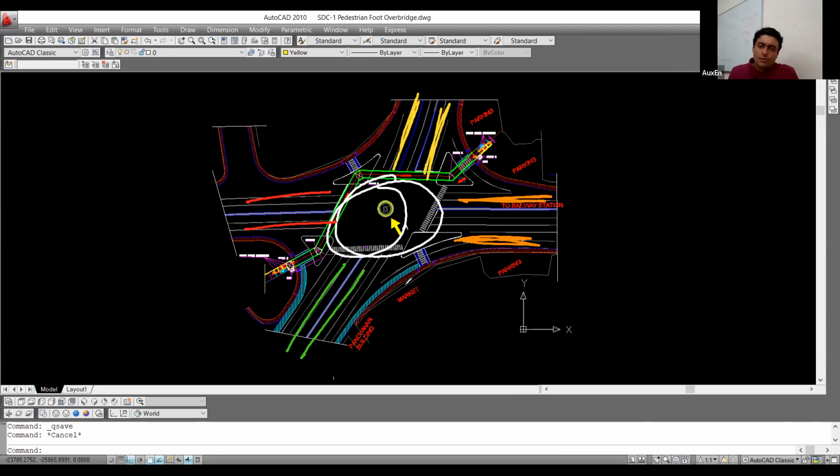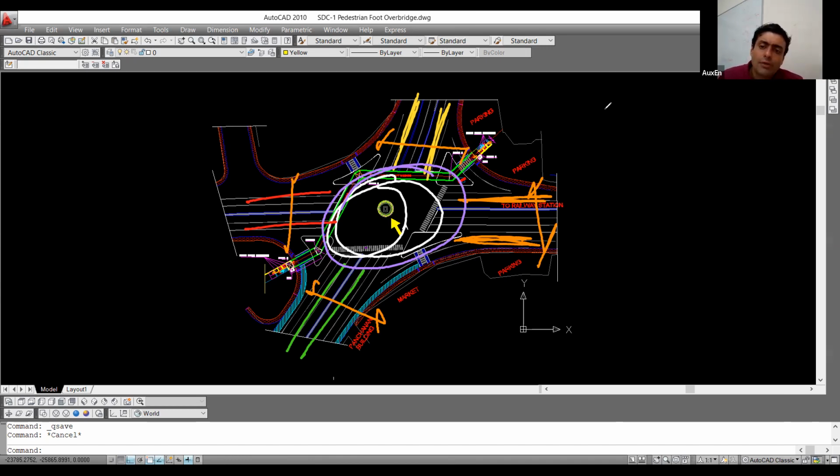These 4 roads were quite wide, so very wide roads intersecting, and therefore this was a very big circle. There was no constructed rotary, but this entire intersection was quite big.